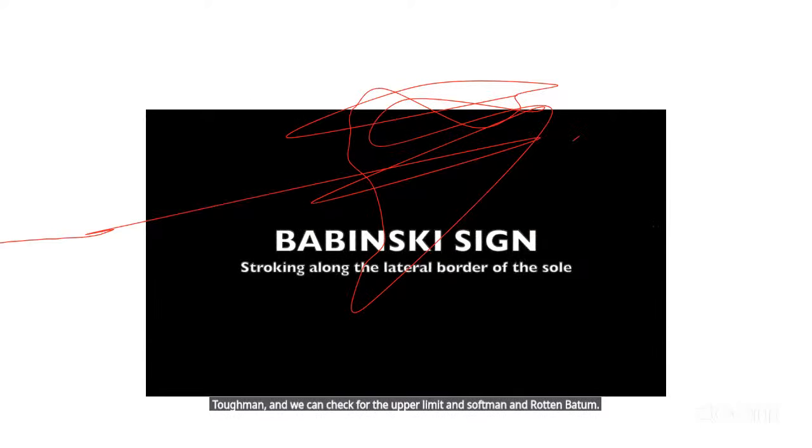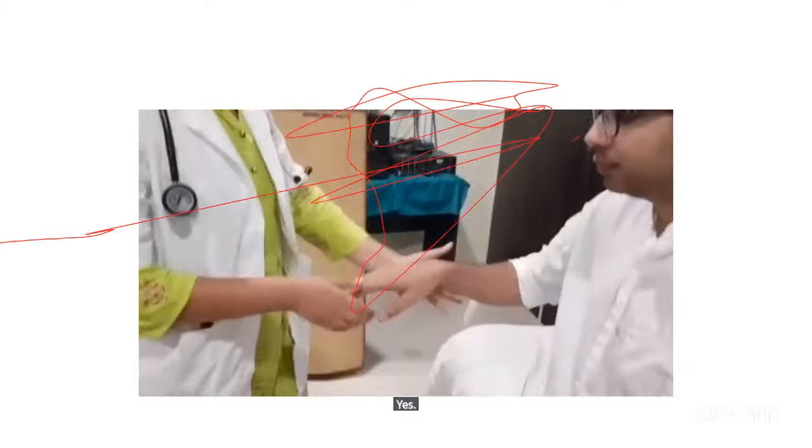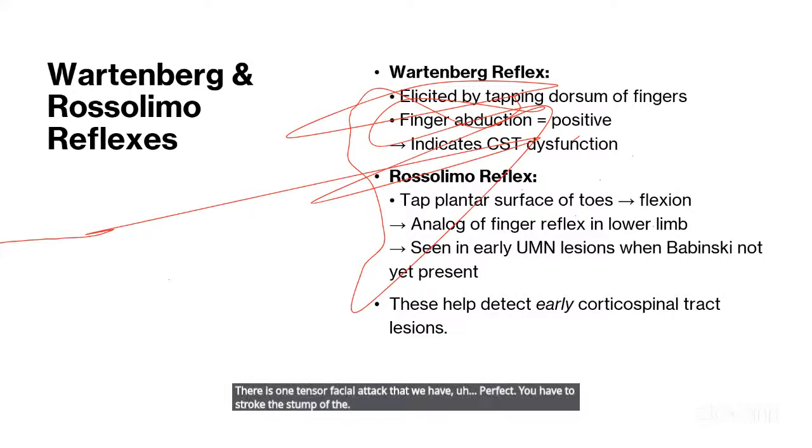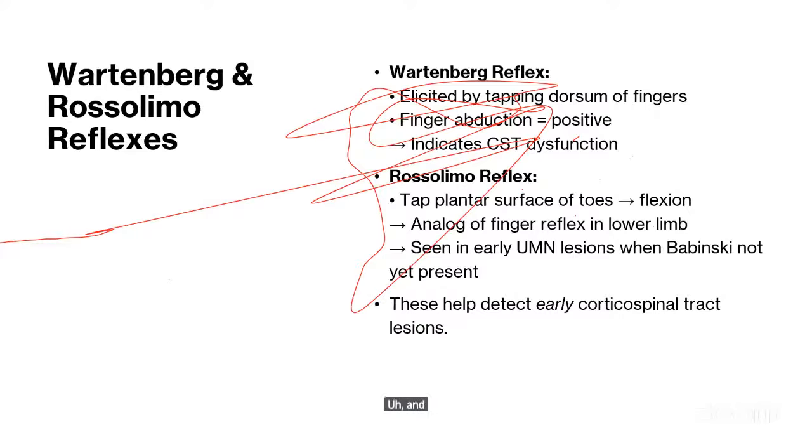Yes, they are basically considered. Anything else? There is one, the tensor fascia lata, that we have to palpate. You have to stroke the stump of the amputated limb, and you have to palpate whether the tensor fascia lata is contracting or not. That is the method.